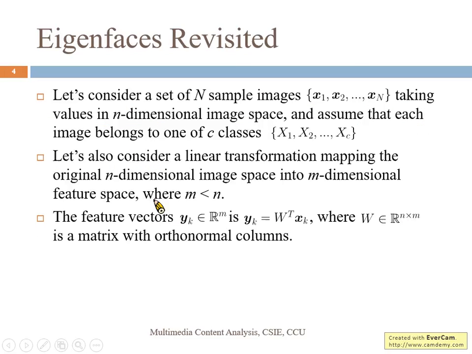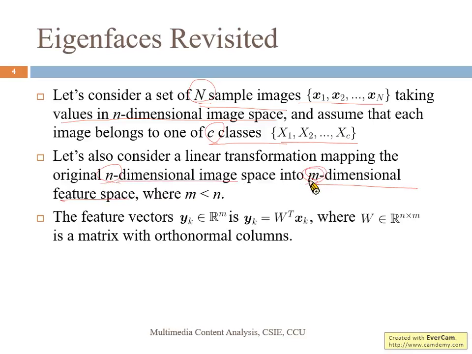Before we go into Fisher's linear discriminant, we revisit the Eigenface approach. Let's consider a set of n sample images S1 to Sn, taking values in an n-dimensional image space. Assume that each image belongs to one of C classes X1 to XC. Let's also consider a linear transformation mapping the original n-dimensional images into an m-dimensional feature space.